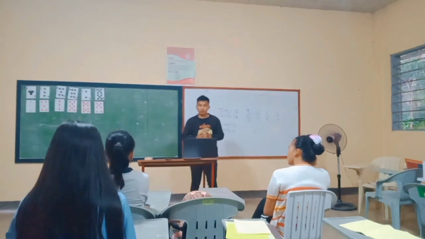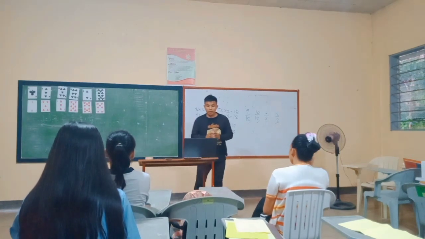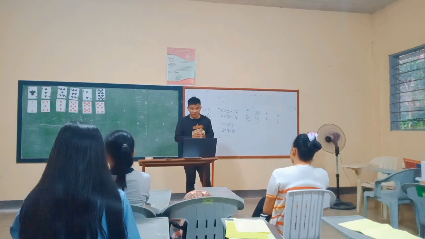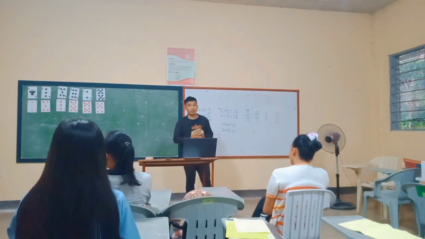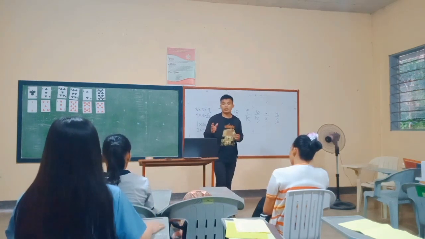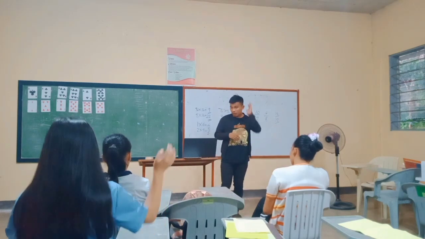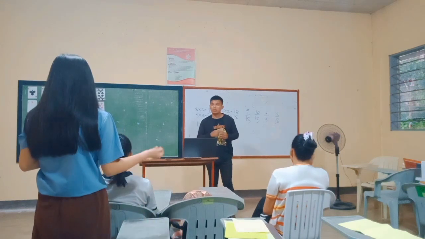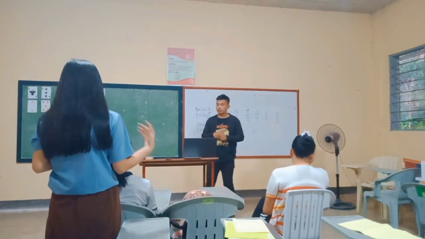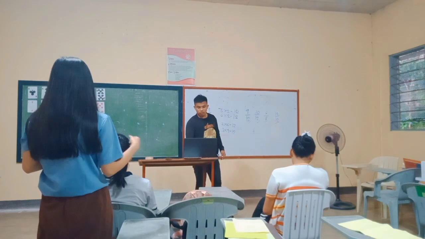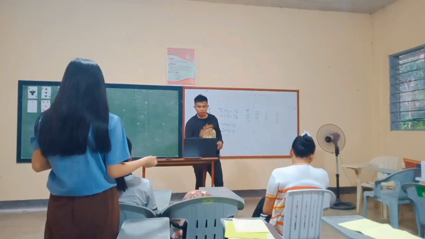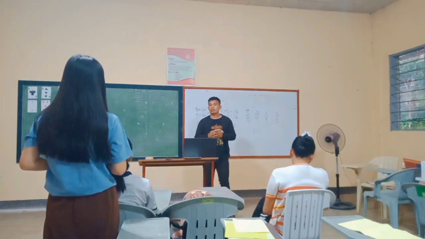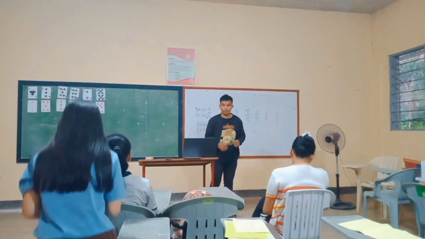Okay, very good. What if the denominator is not the same? Okay, Teresa? We need to convert our fractions to equivalent fractions with the same denominator and then compare them to put them in order, sir. Okay, good job.